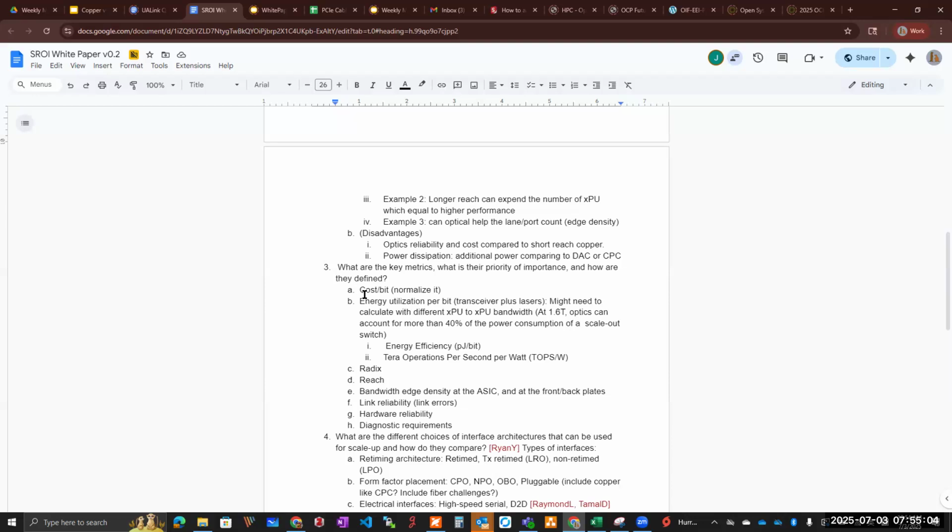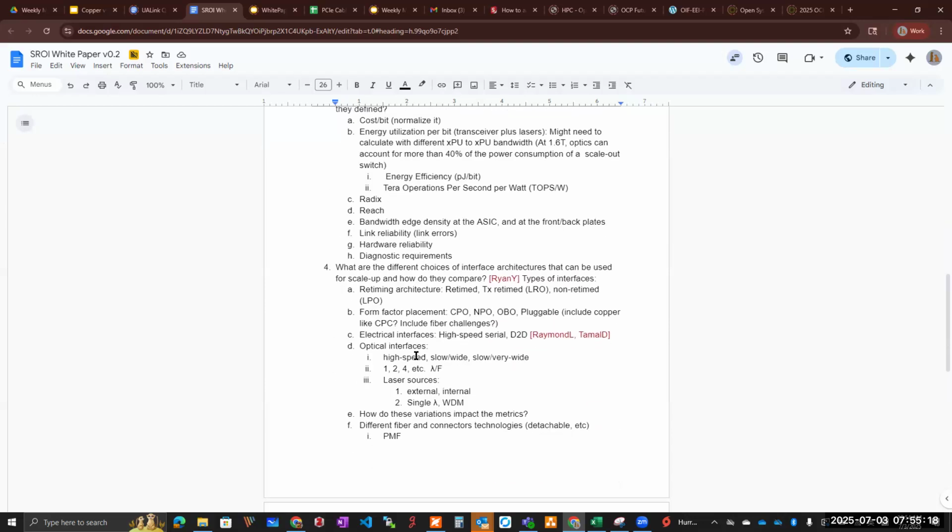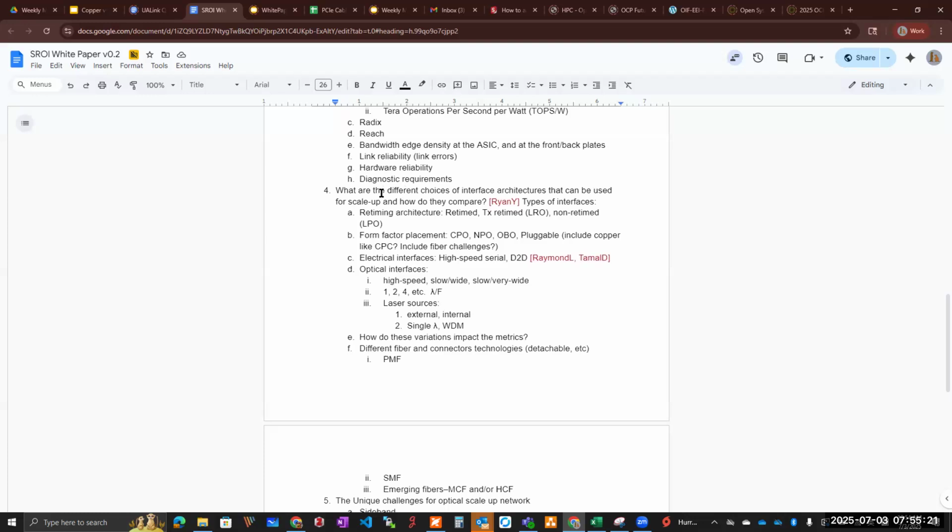So the cost, the energy part, which can be measured by picojoules per bit, or maybe operations per watt, radix, reach, all the things, and then different configurations, the architectures for the optics, with retime, non-retime, or just single side retime, different form factors, with different electrical interface, different optical interface, and then what would be the impact for that?